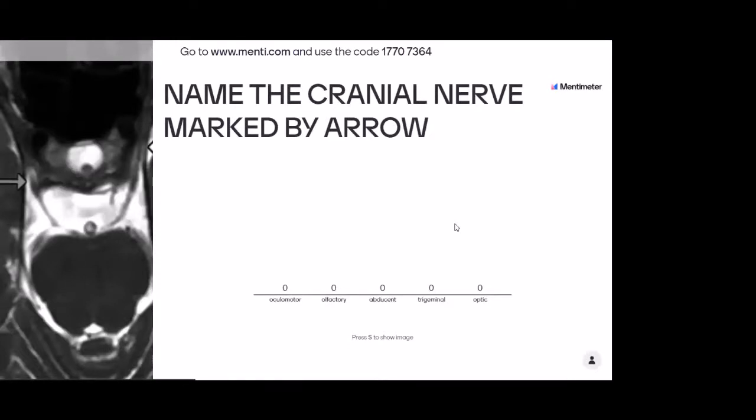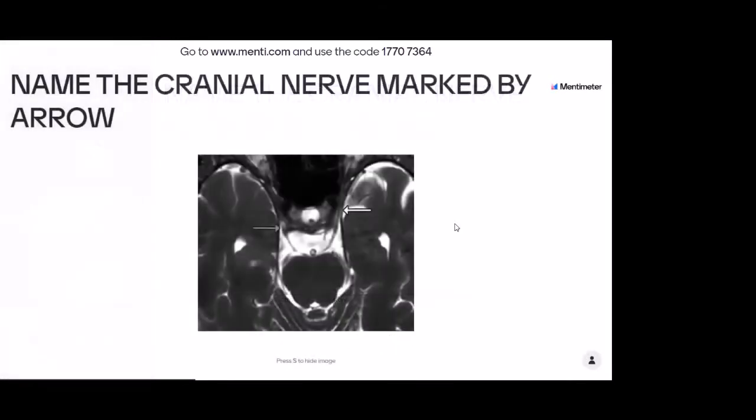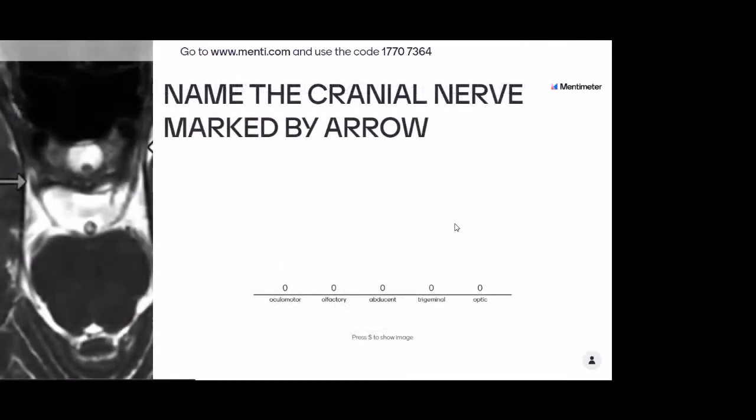So again, there's a question. Name the cranial nerve which is marked by arrow. Is it oculomotor, olfactory, abducent, trigeminal, or the optic nerve?